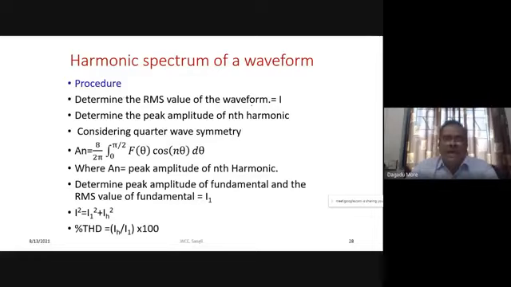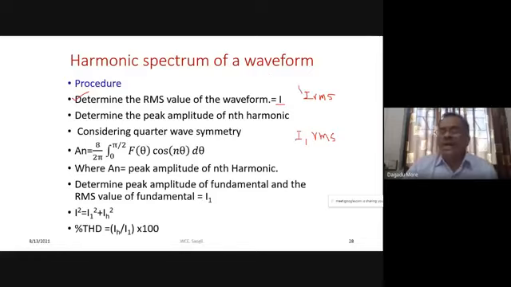We first find out the RMS value of the waveform, the root mean square value. I will call it the IRMS value. First thing is you find out the RMS value. What is the next thing? You find out the I1 RMS, which means the RMS value of the fundamental current.